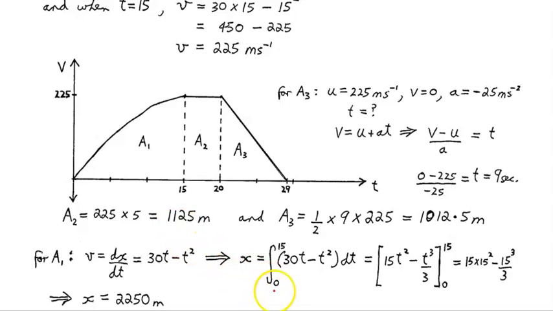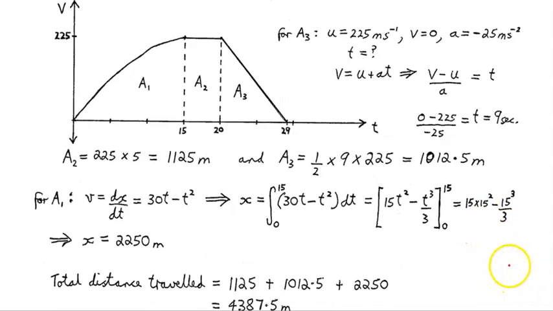The definite integral from 0 to 15 of 30t minus t squared with respect to t gives us 15t squared minus t cubed on 3, evaluated between 0 and 15. At 0 it disappears, so we just need the top terminal: 15 times 15 squared minus 15 cubed on 3. That's 15 cubed minus 1/3 of 15 cubed, so 2/3 of 15 cubed. When we evaluate it on the calculator, we find 2,250 meters.